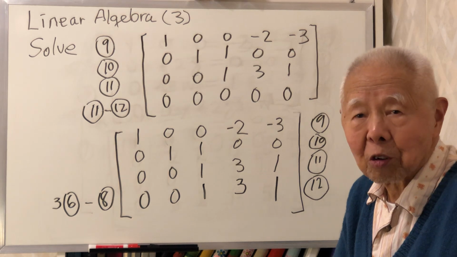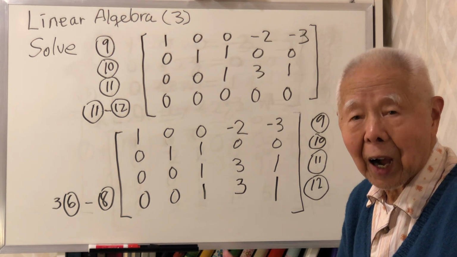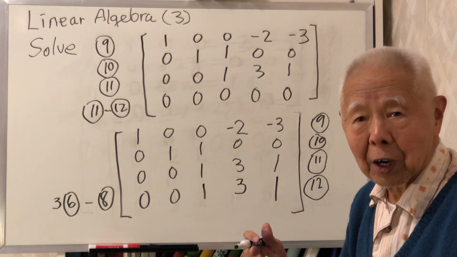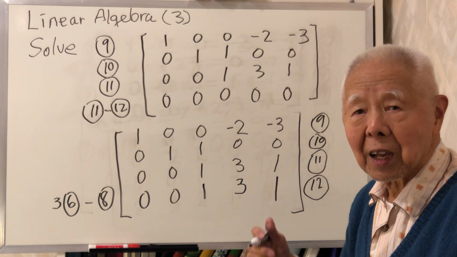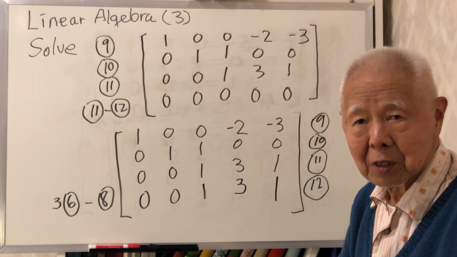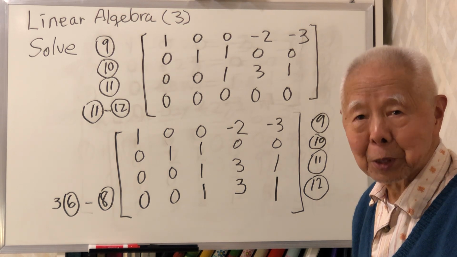I cannot solve for x, y, z, w. No. I need 4 equations to solve for 4 unknowns. So what does it mean by I have 3 equations and 4 unknowns? Which means one of the unknowns is a parameter.